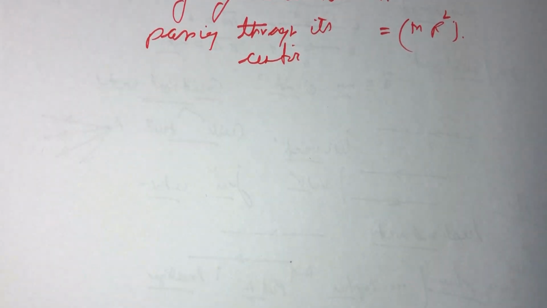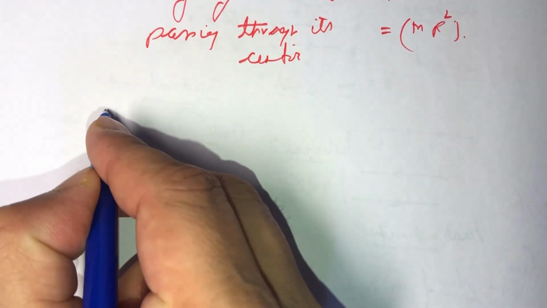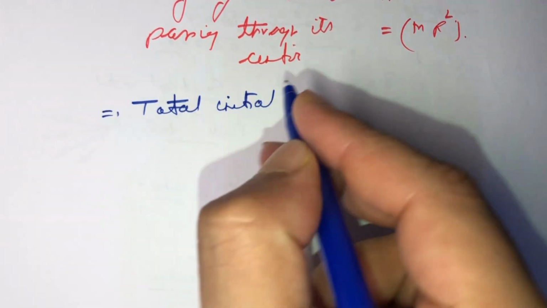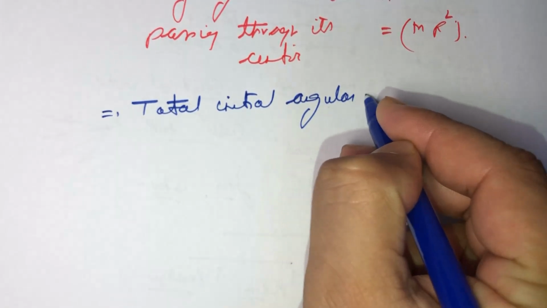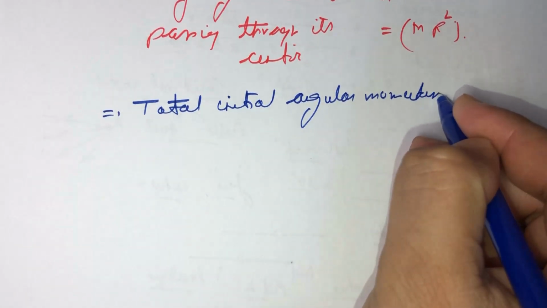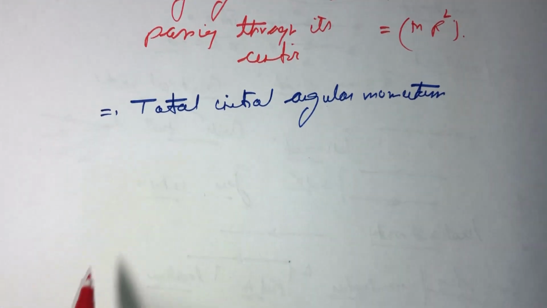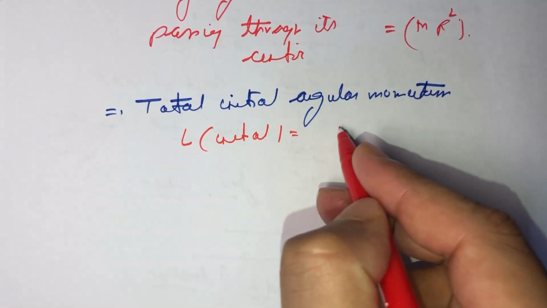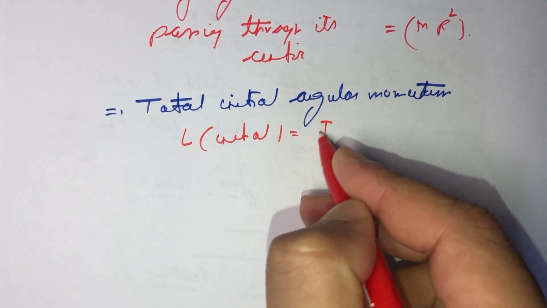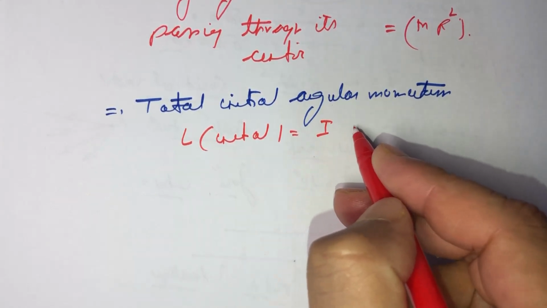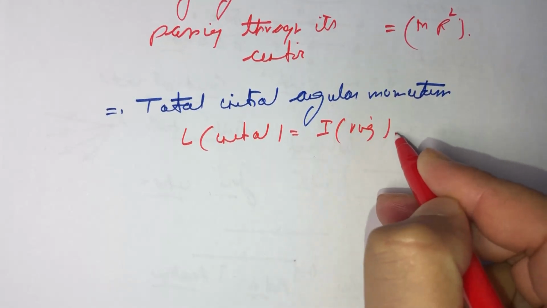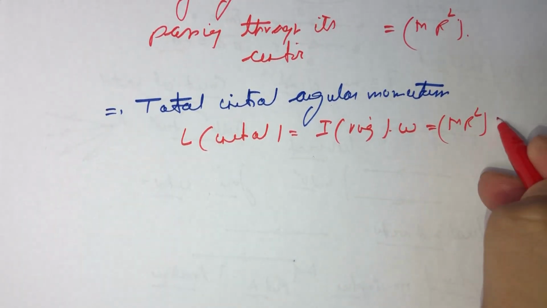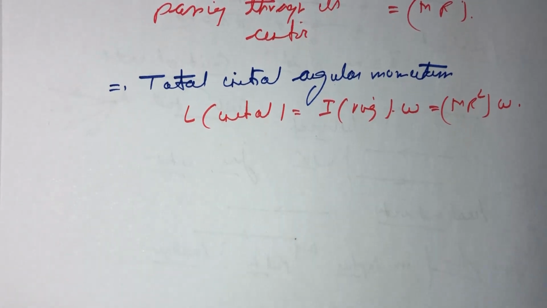Therefore, the total initial angular momentum, which is written as L initial, will be equal to the moment of inertia of the ring multiplied with the angular velocity, and we have this as mr square multiplied by omega. So this is our initial angular momentum.